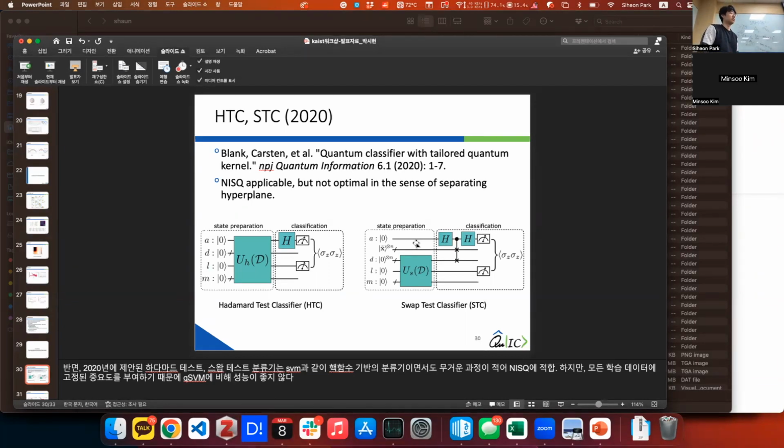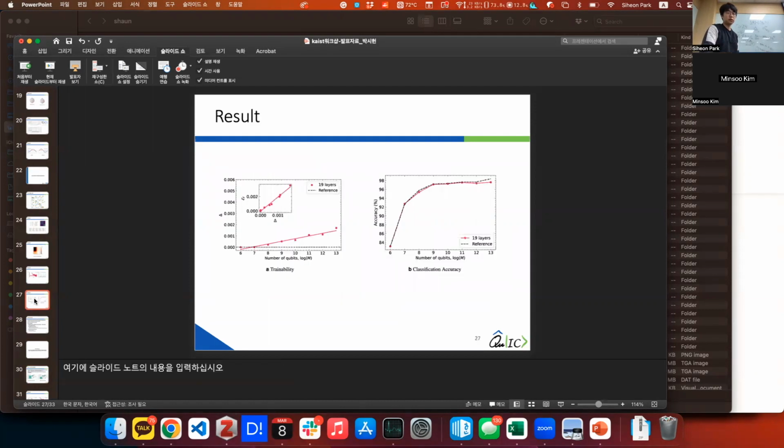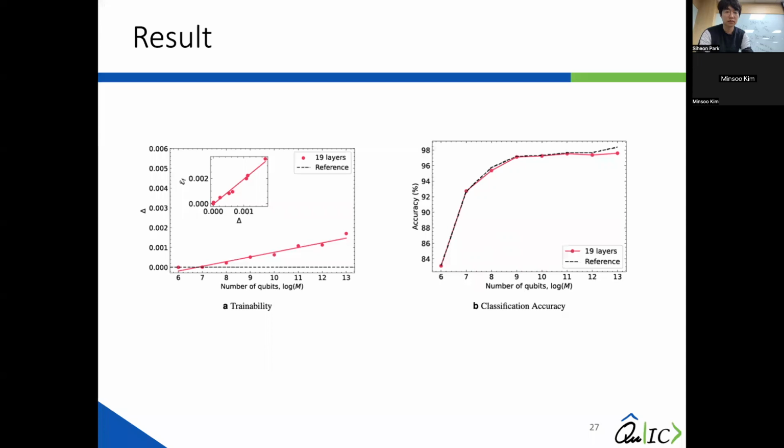When you see that in the barren plateau problem, the accuracy is good, but there's a barren plateau. What do you mean by that? Okay, the value delta here means the difference between the theoretical minimum of the objective value and the minimized objective value from gradient descent.